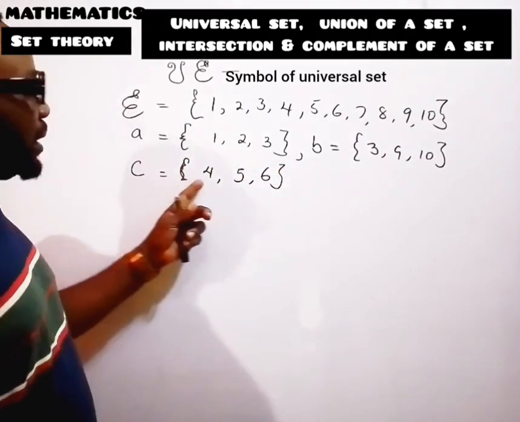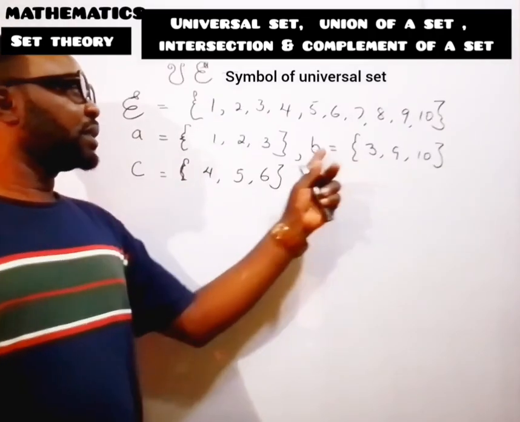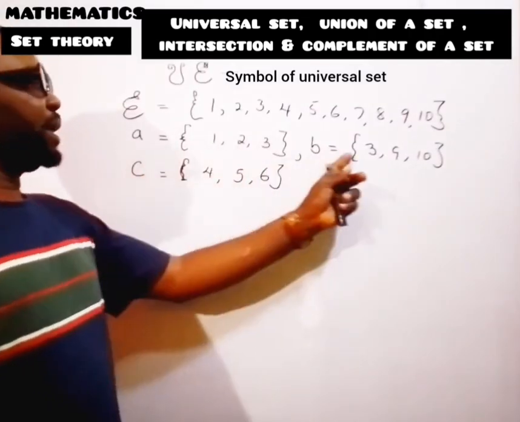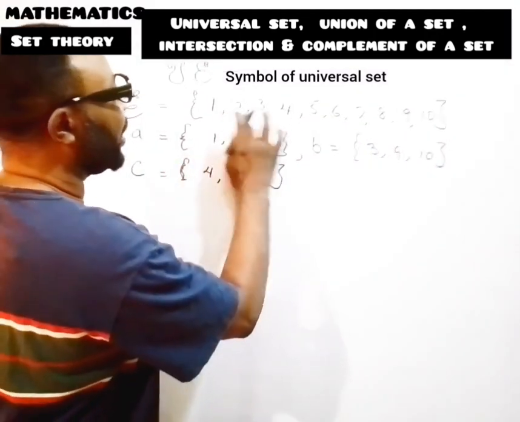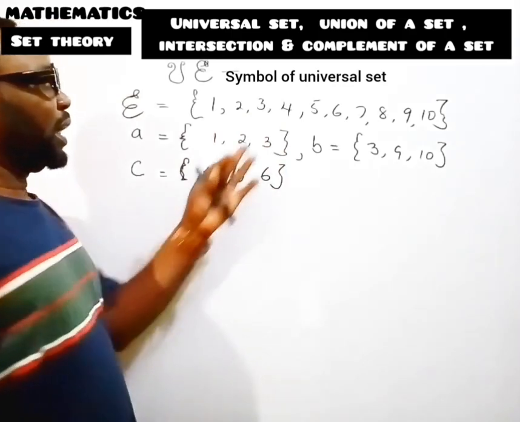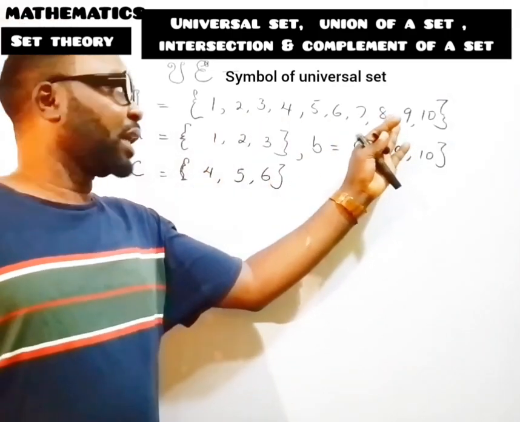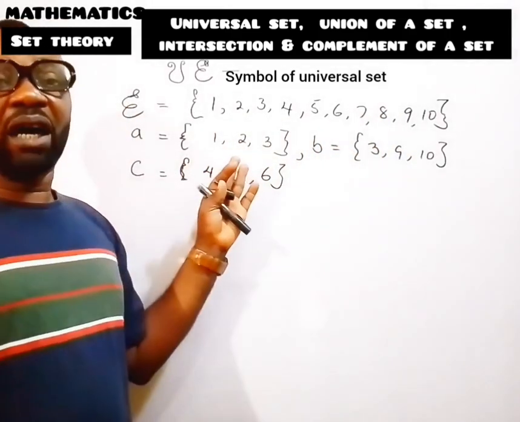All these sets, A, B, and C, you can see that all their elements are found in the universal set. And there are some other elements in the universal set that they do not have at all.